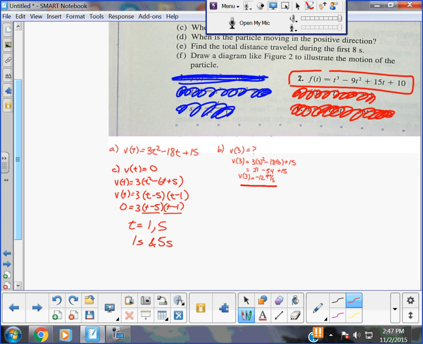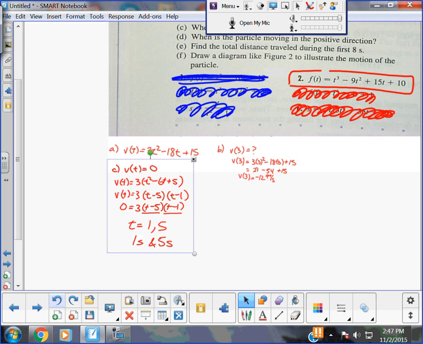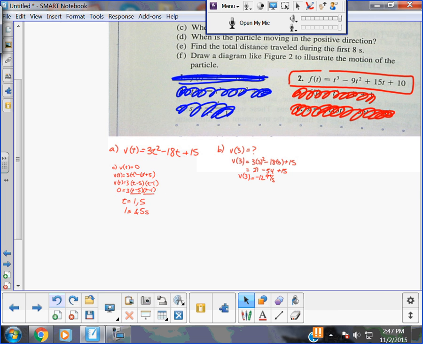If it's going to make the jump, it has to go through everything, including 0. This is a continuous function when we looked at it. Do you guys agree? Because it was a polynomial. The derivative is a polynomial. It is continuous. So we're going to use those schools of thought in the future. But today, it just asks, when's the thing at 0? Well, it's at 0 at 1 and 5.